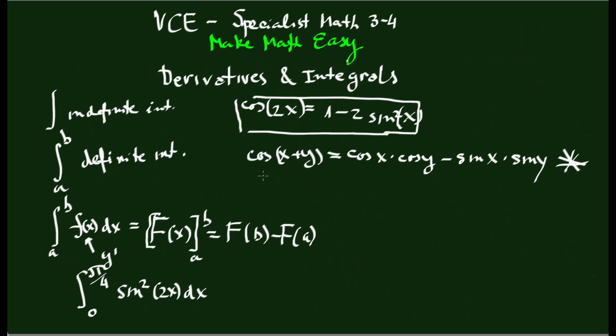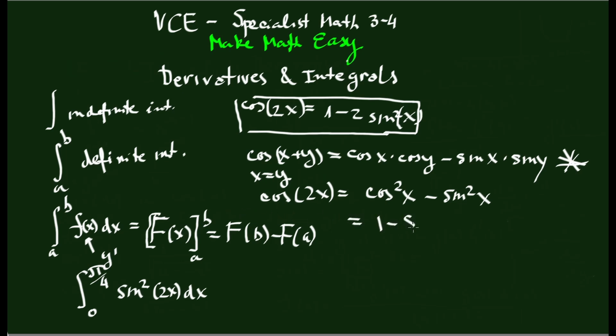So if x equals y, then cosine of 2x equals cosine squared of x, cosine x times cosine x, minus sine x times sine x, that's sine squared of x. Now we want cosine squared to disappear, because in our case we have sine squared.